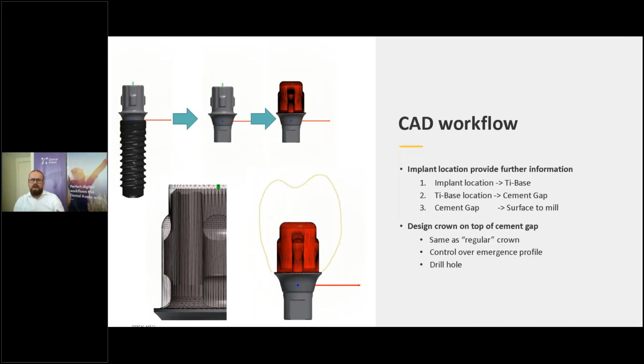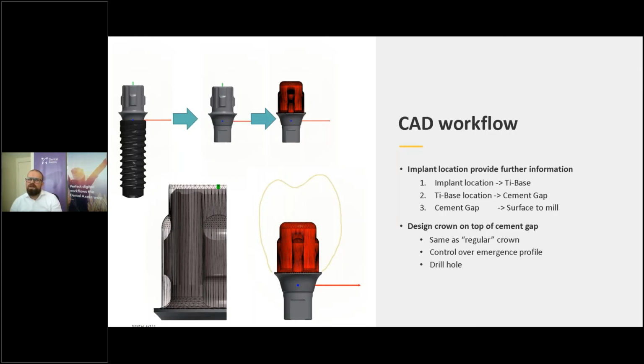So we need the cement gap, and from the cement gap, we know the surface to mill. Those all, like implant position, Ti-base position, cement gap, determine where my restoration is going to be, how is that going to fit. So you're going step by step through everything. And we're going to design on top of it a crown or a bridge, whatever you need to create on top of that one. So we're going to create it like a regular crown.